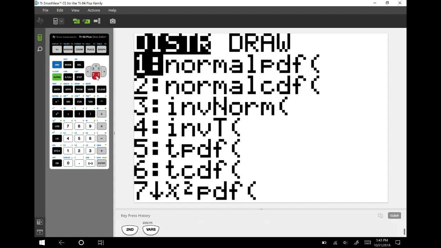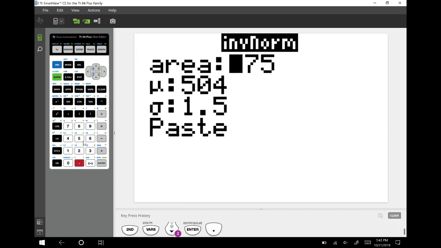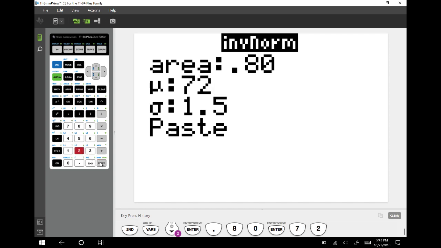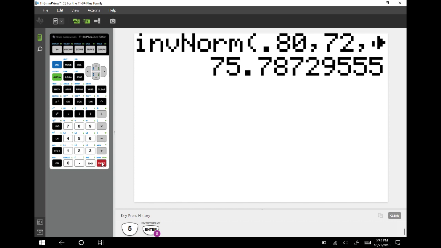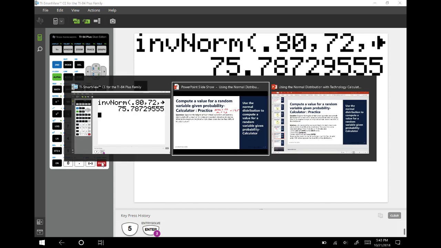Second vars, inverse norm, 80%, so 0.80. I believe the mean was 72 with the standard deviation of 4.5. Let's put that into our home screen, hit enter, and 75.787 is our answer there.